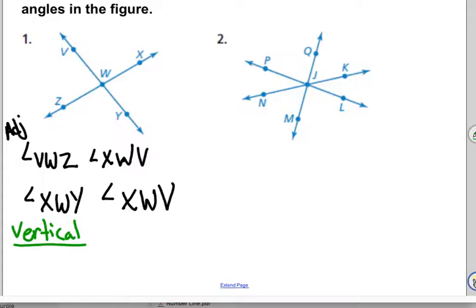Austin, tell me a name, give me a pair of vertical angles there. I thought we were on number 2. Okay, well, just do it for me. I need a set of vertical angles, please. Looking right here, give me a set of vertical angles.